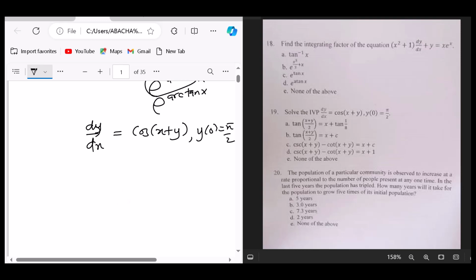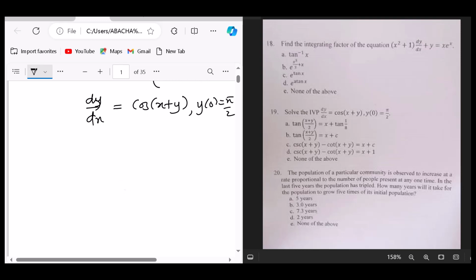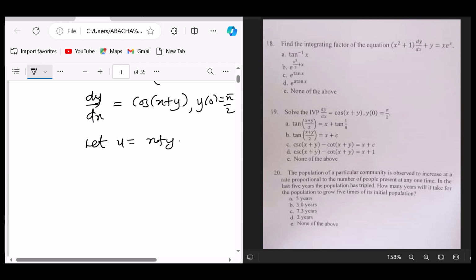And so for this one we have to just do substitution to solve it. So we can say that let u equal x plus y, so du/dx is equal to 1 plus dy/dx. Making dy/dx the subject, we have dy/dx equals du/dx minus 1.